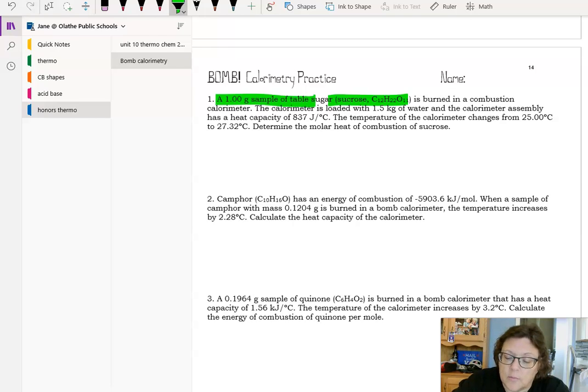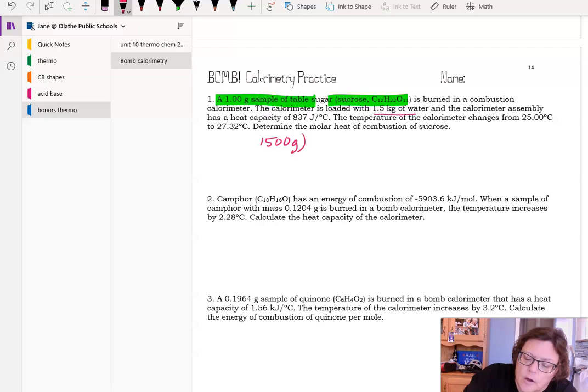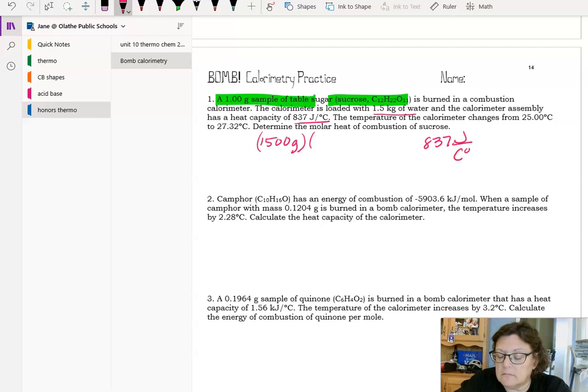All right, starting here, it tells us we have 1 gram of table sugar, and it's burned in a calorimeter. Now, this calorimeter has 1.5 kilograms of water, which is 1,500 grams of water, and the calorimetry assembly has a heat capacity of 837 joules per degree Celsius. First of all, how do we convert that?